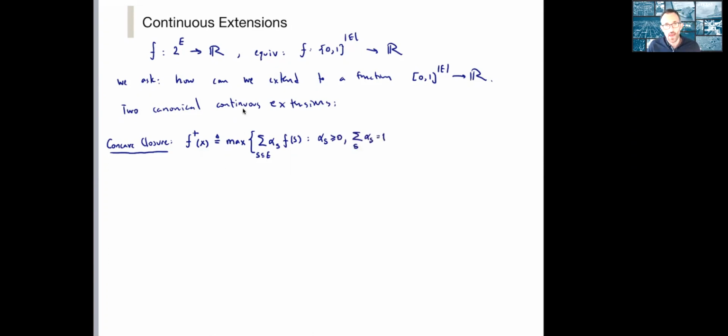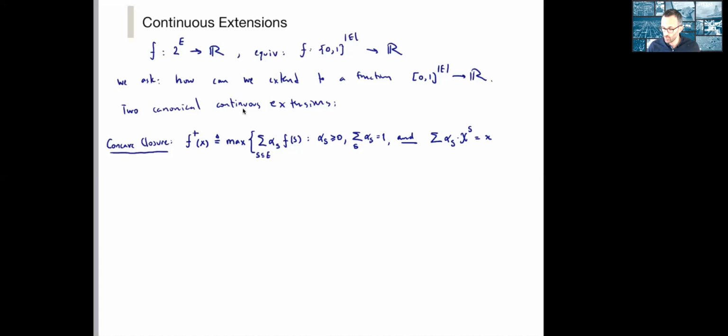Now you'll note that there's no x yet on the right-hand side. So this is the additional property that we need. And I need essentially the expectation of this distribution to give me back x. So in other words, the sum of alpha s times the indicator function of s should be my point x, which is in the unit cube.